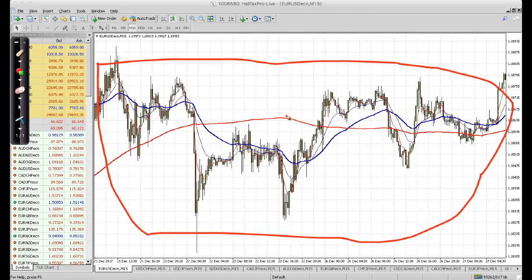The moving averages are kind of moving sideways, and they're crisscrossing each other. All right, so the blue is on top of the red, the blue crosses below the red, goes above the red. It's like crossing each other like that. You know, guys, can you see my hand gestures? Okay, so the moving averages are moving sideways and crisscrossing.